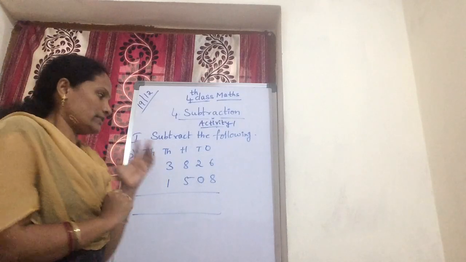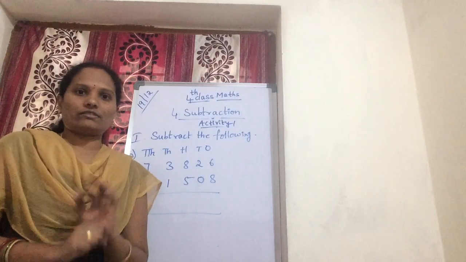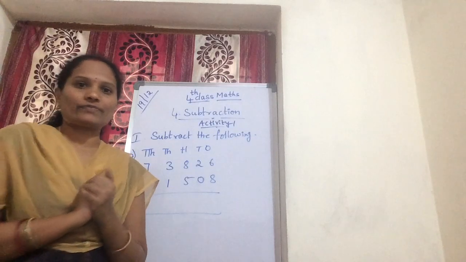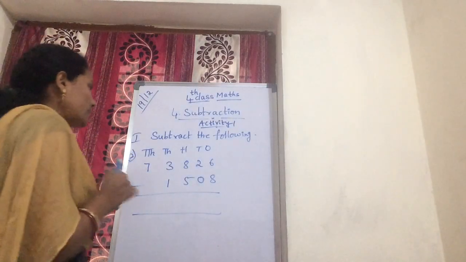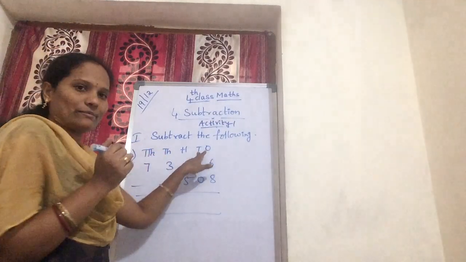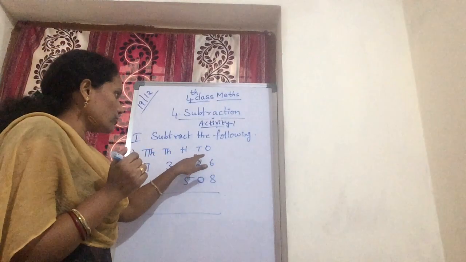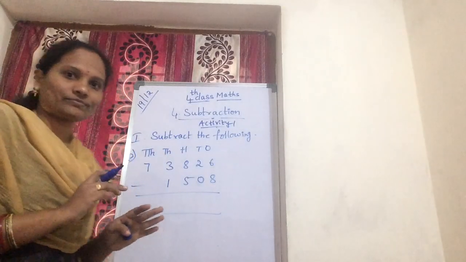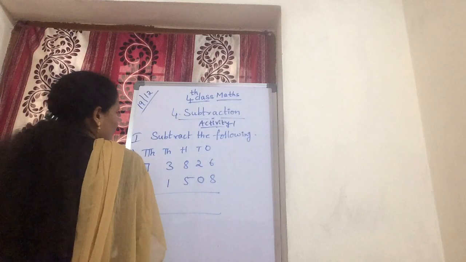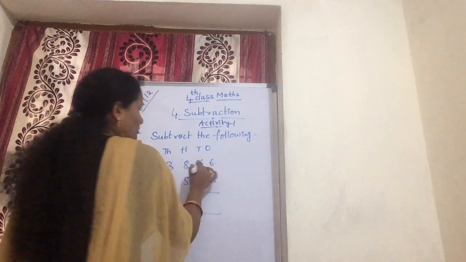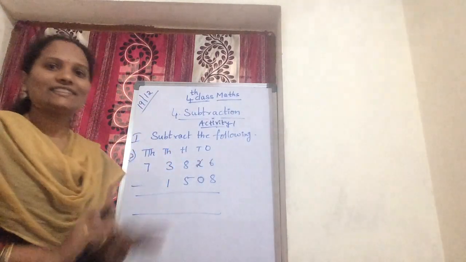Still you want some numbers. So you will go to the tens. From your tens you take out borrowing. After borrowing, the 2 decreases.